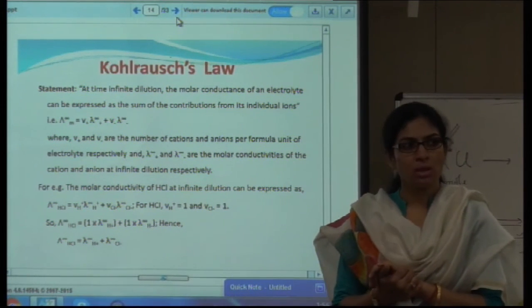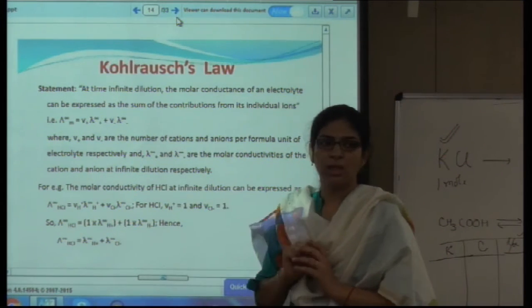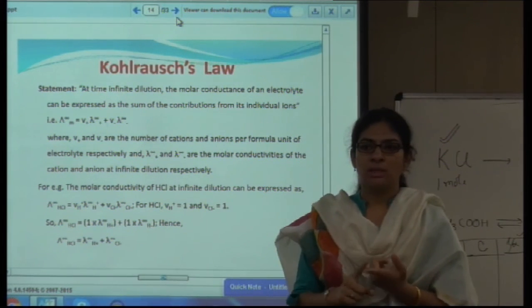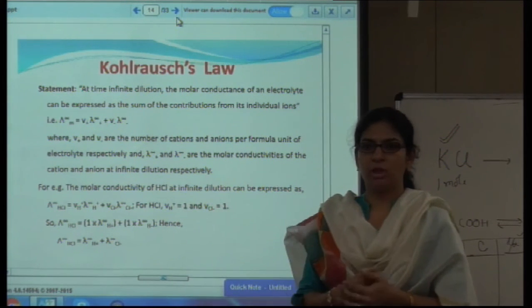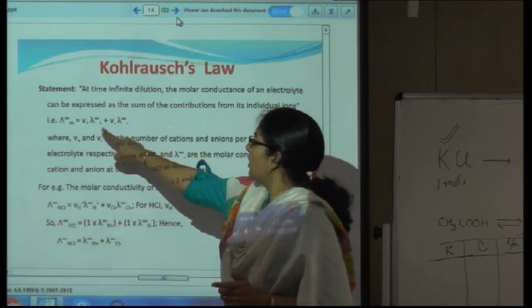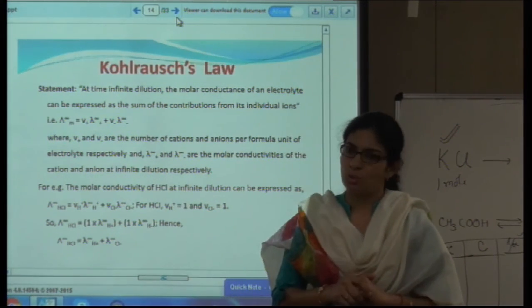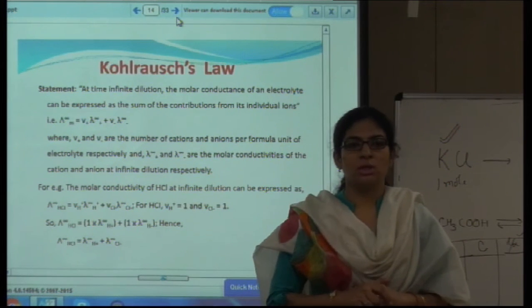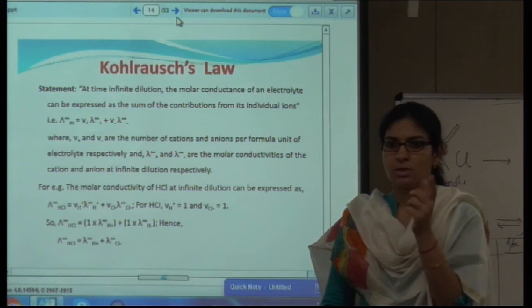So the total molar conductance of any solution, lambda m infinity, will be given by the sum of lambda m infinity of the cation and lambda m infinity of the anion. This v plus and v minus I have referred to are the numbers of cations and anions in the solution, because it is not necessary that you will always have a 1:1 electrolyte.